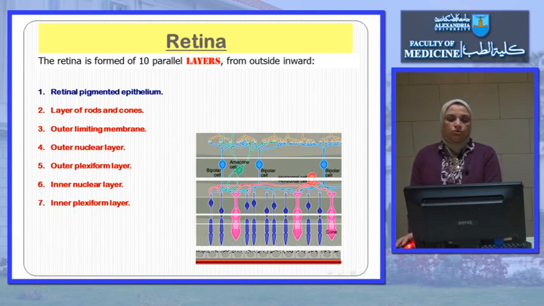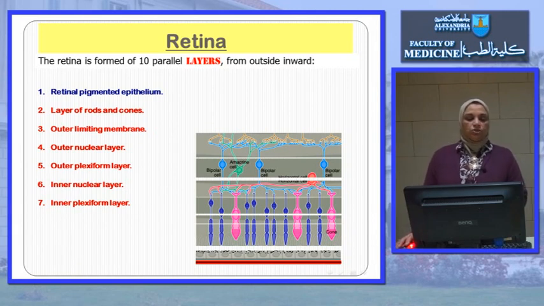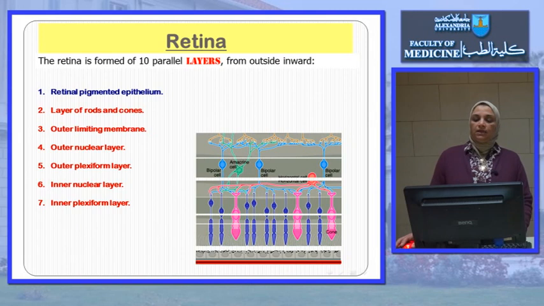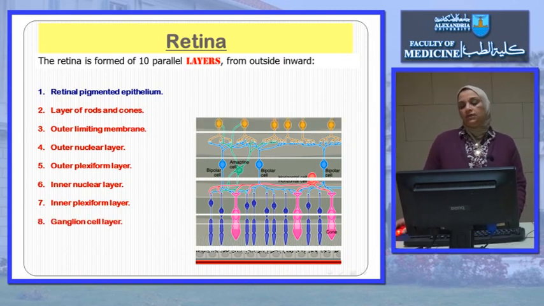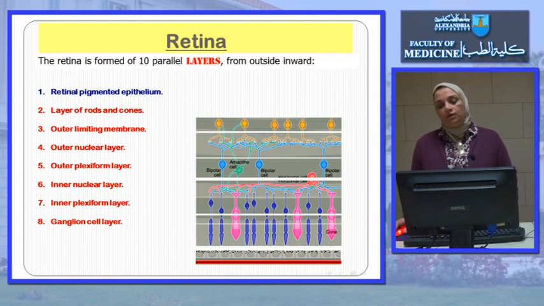Then we'll go to layer number 8, which is the ganglion cell layer. In this layer, large cells with large vesicular nuclei are present. Their dendrites synapse with the axons of the bipolar cells and amacrine cells in the inner plexiform layer, while their axons will bend, forming the optic nerve fibers.